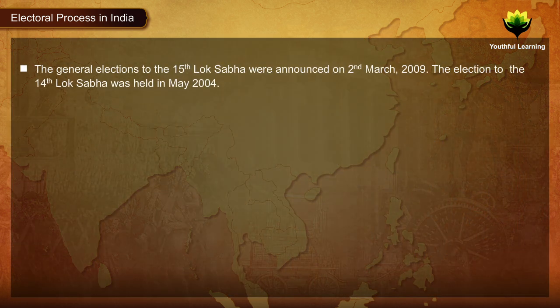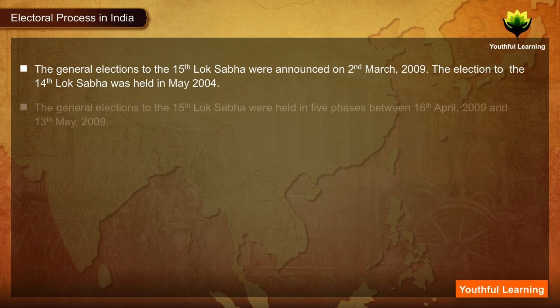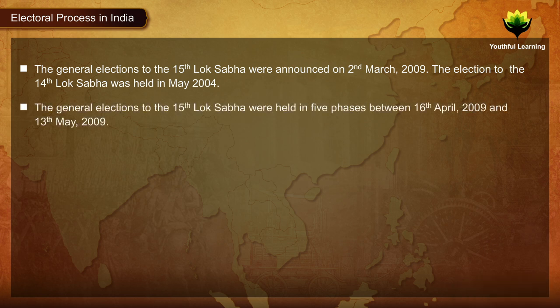The general elections to the 15th Lok Sabha were announced on 2nd March 2009. The election to the 14th Lok Sabha was held in May 2004. The general elections to the 15th Lok Sabha were held in 5 phases between 16th April 2009 and 13th May 2009.